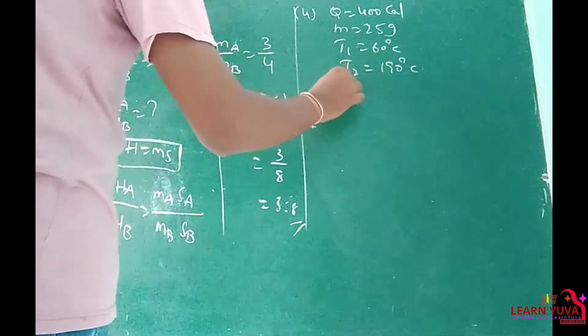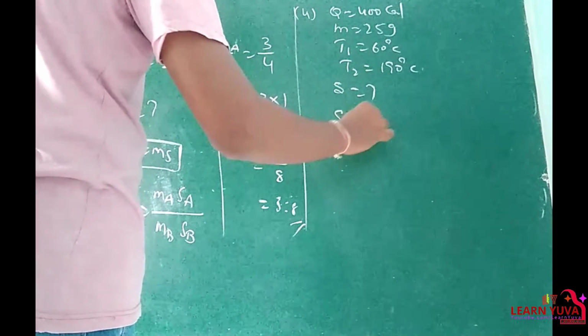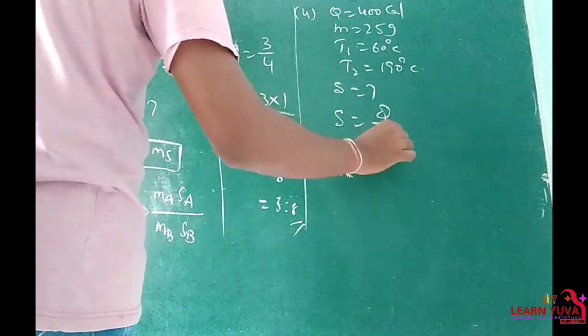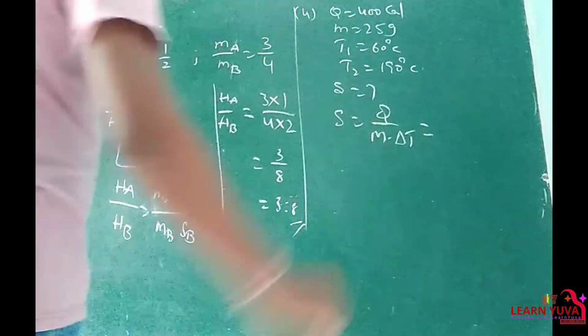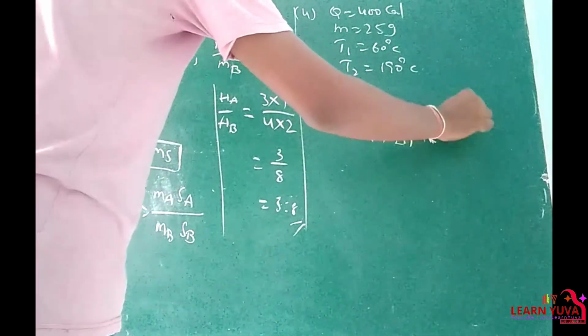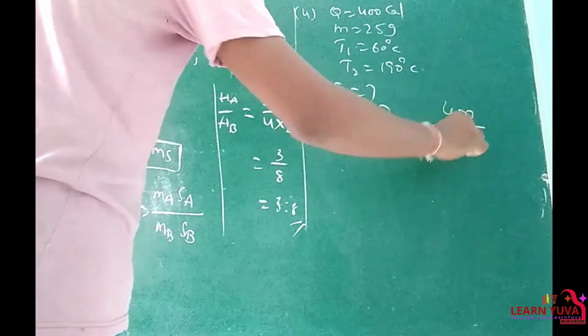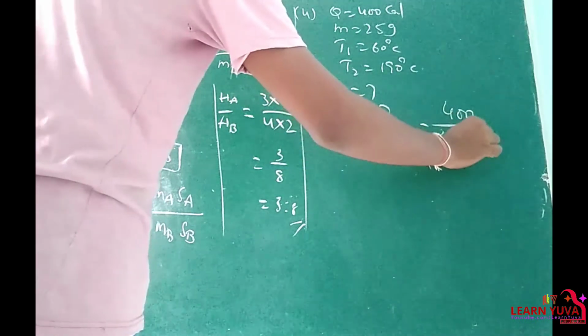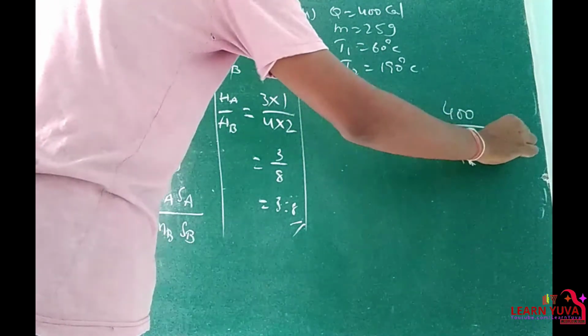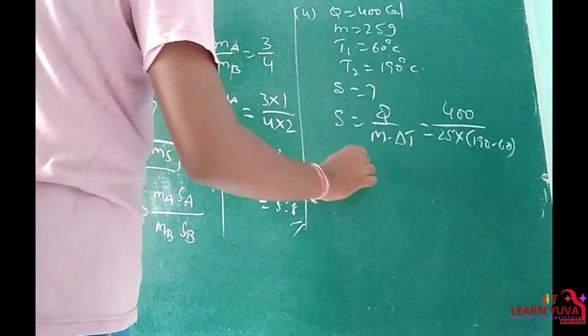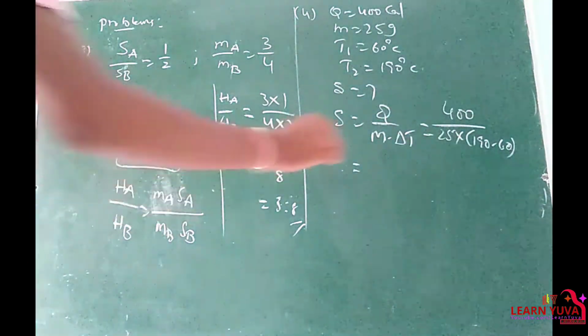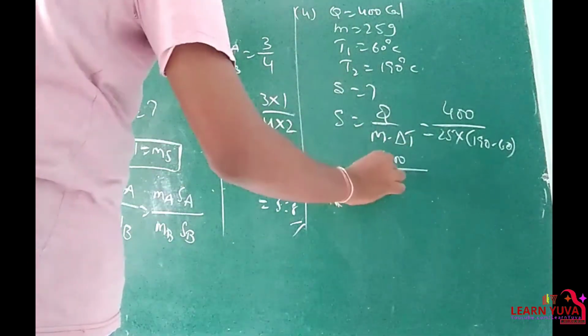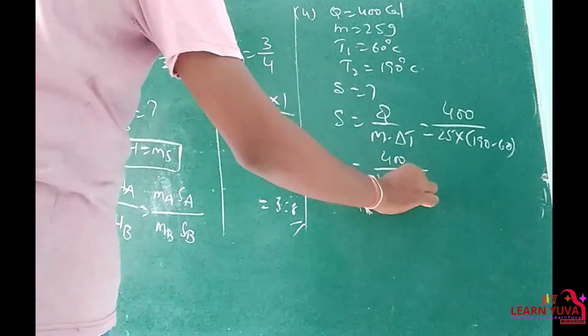What is the specific heat capacity? By formula S is equal to Q by m into delta T. Q is equal to 400, m is 25, delta T, T2 minus T1, 190 minus 60. Then this implies S is equal to 400 by 25 into 130.